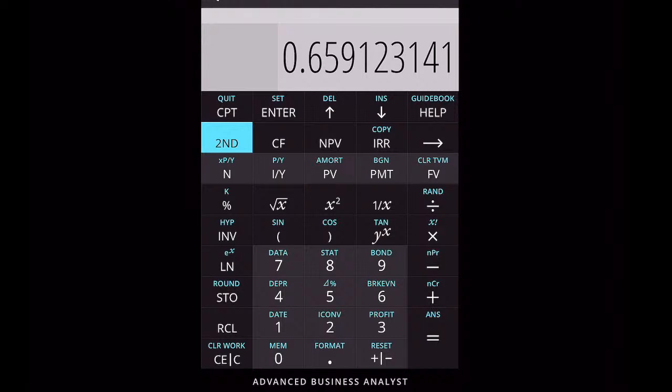And then I multiply by 100 and divide by 0.003 and say equals, and that's the amount. Okay, good. Let's move on.